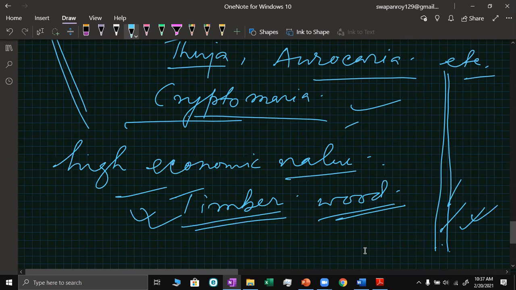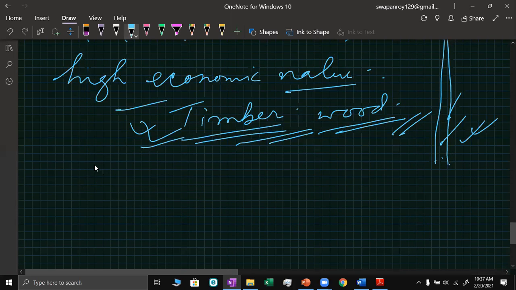This is mainly found in gymnosperms, and due to this they have a high value as timber. Their wood is softwood, and seasoning is very easy. Polished, it looks very beautiful, so for making furniture this is a very valuable tree group.